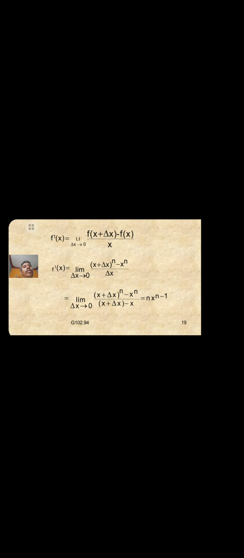That equals limit delta x tends to 0, x plus delta x whole power n minus x power n by x plus delta x minus x, equals n into x power n minus 1.